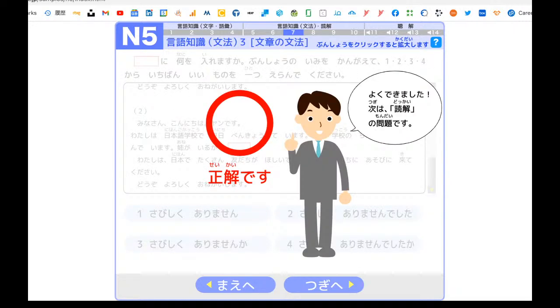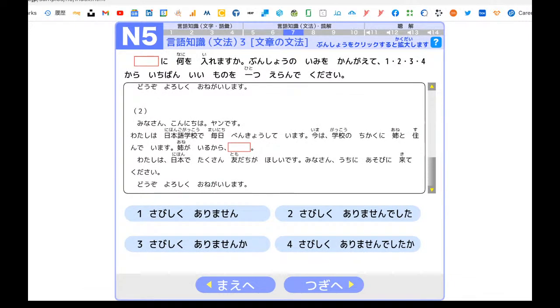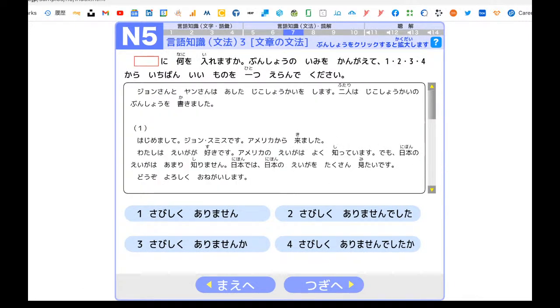So when you see these long sentences, many of you start trying to read from the very beginning to the end, but it's a waste of time.